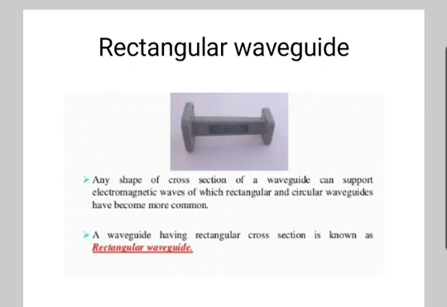So, the topic is rectangular waveguide. Any shape of cross section of a waveguide can support electromagnetic waves, of which rectangular and circular waveguides have become more common.